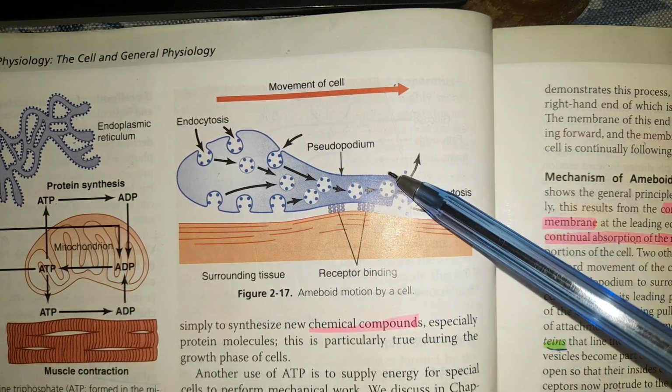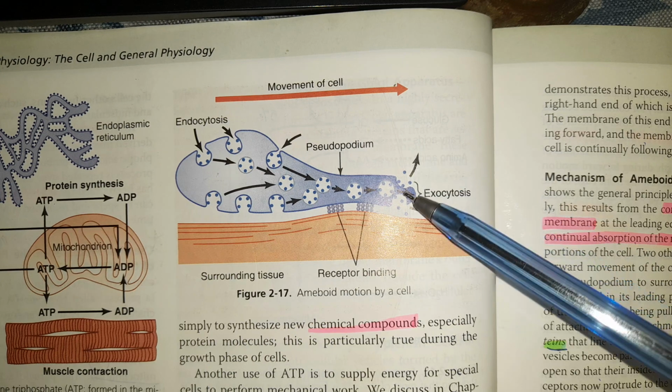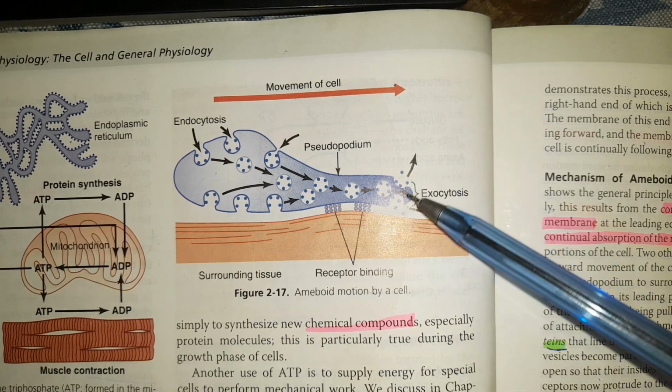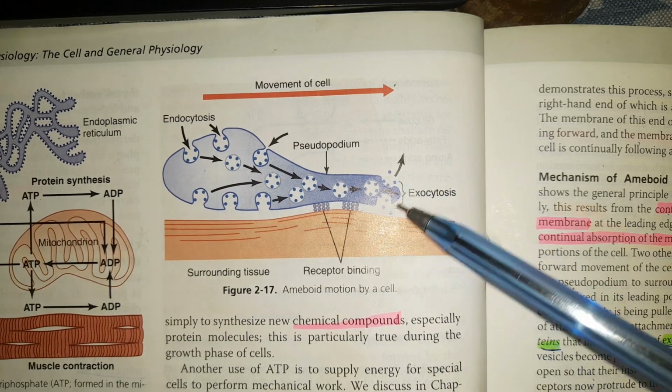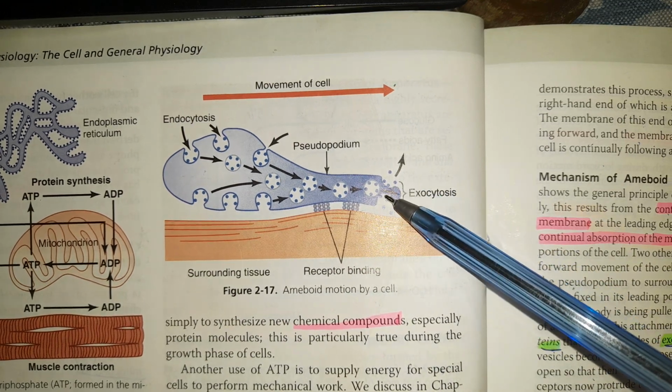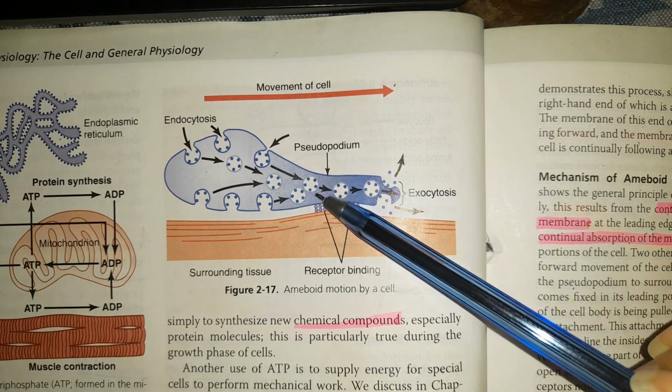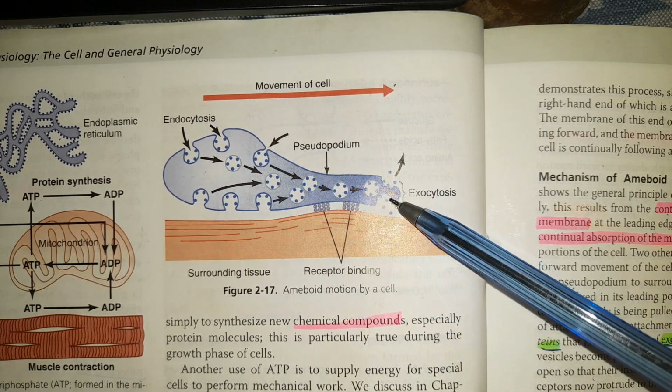What is pseudopodium formation? At the moving end, chemotactic substances, or the substances that cause the motion, cause the release of certain vesicles from the cell. These vesicles are released by the exocytosis process.